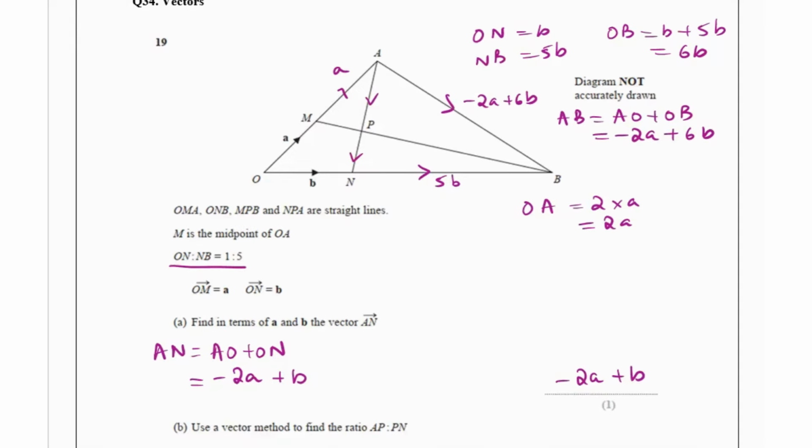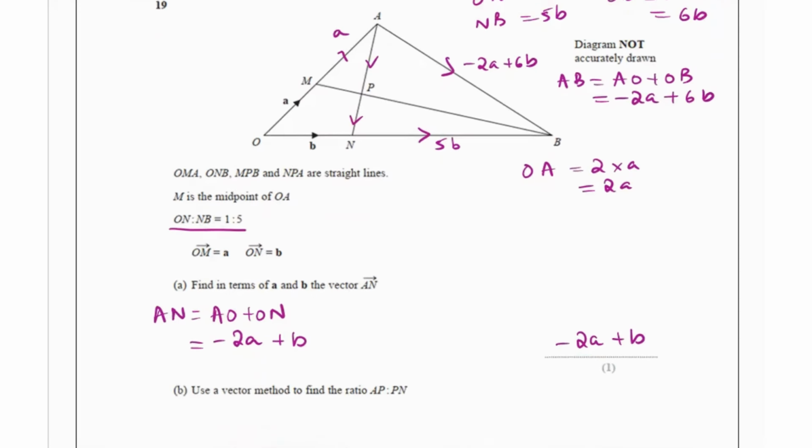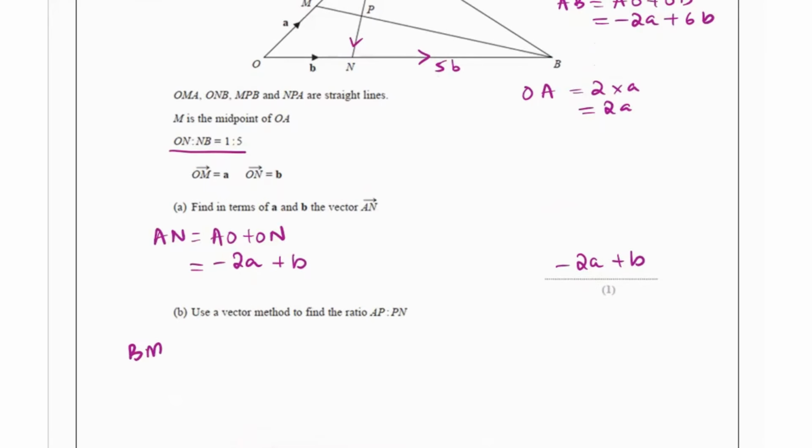But what we can do is, if you notice, we can find BM and use that to figure out AP or OP. So let's first find BM. So BM is going to be BO plus OM. BO is going to be negative 6B and OM is going to be A. So negative 6B plus A.